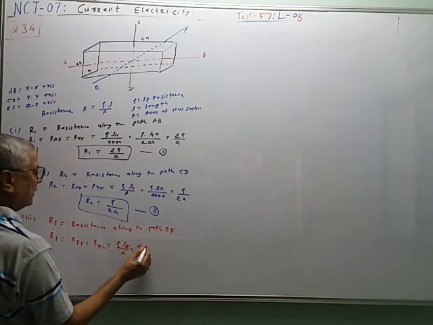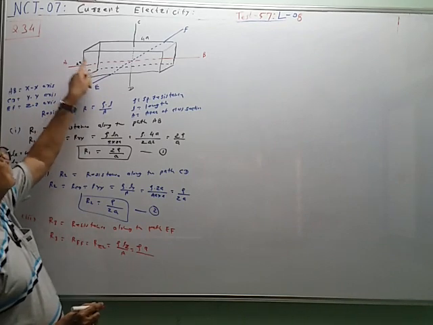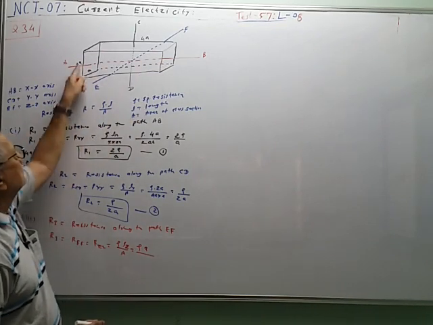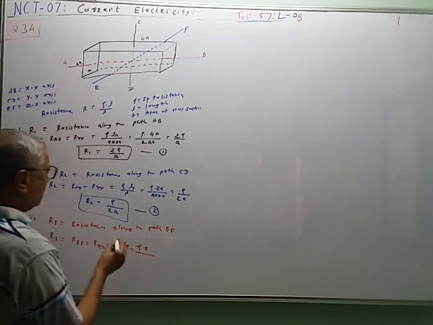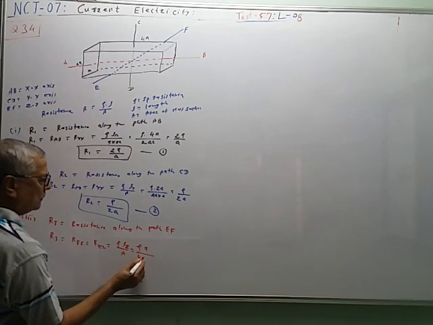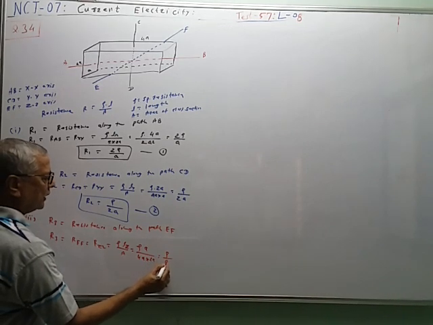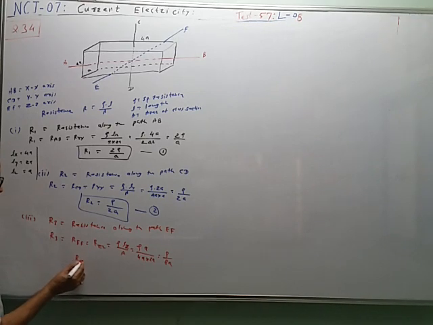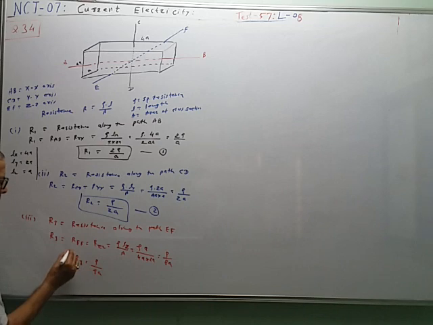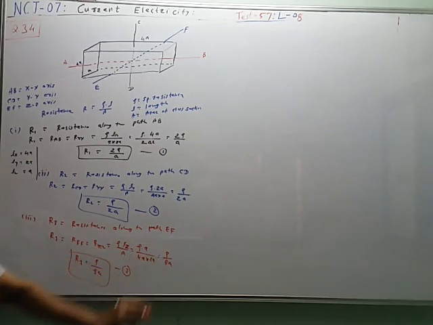Lz is a. Now along the z-axis, the area of cross section is 4a multiplied by 2a. So this is equal to rho upon 8a. So R3 is equal to rho upon 8a. This is equation 3.